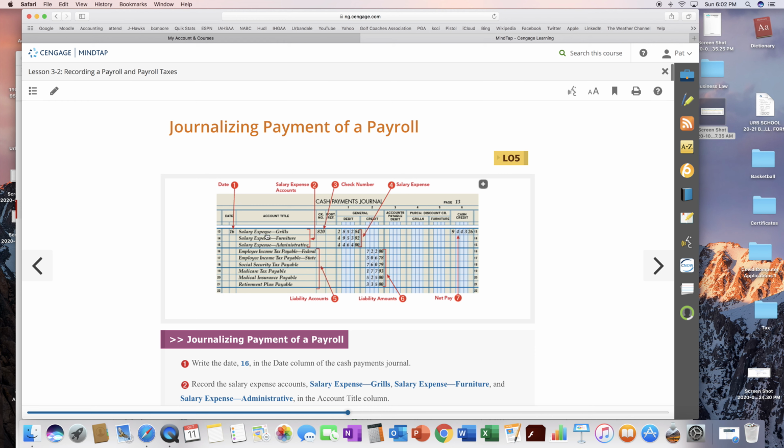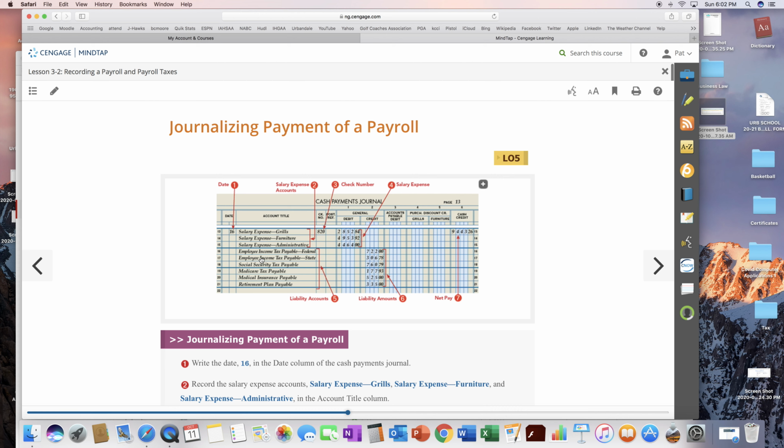Well, that's going to be called salary expense. So we'll take the total earnings from our payroll register for each department, and we will debit those to salary expense. Salary expense, total earnings, same thing. That's when we figured out hourly wage, overtime, commissions, and then we got total earnings. That's what this is now called, salary expense, when we pay in the journal.